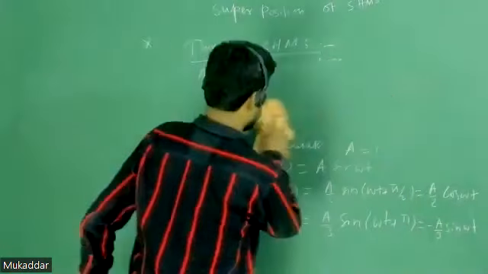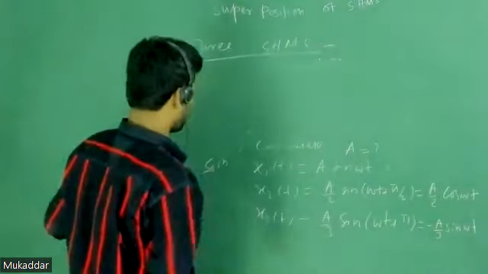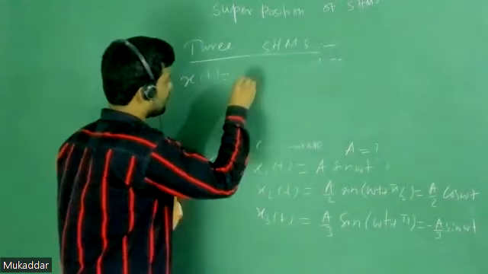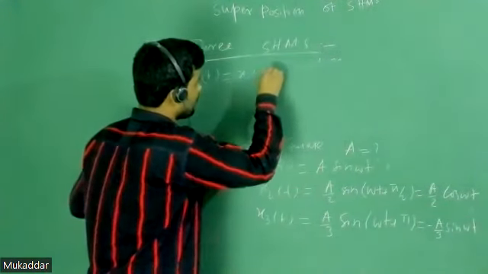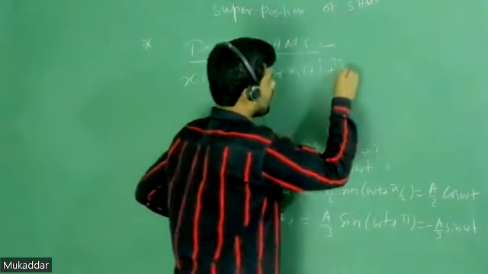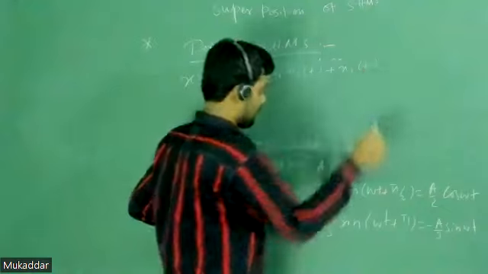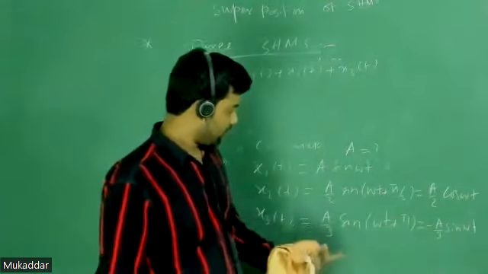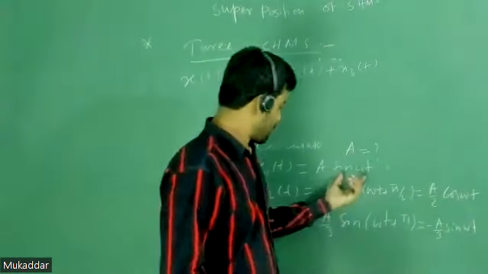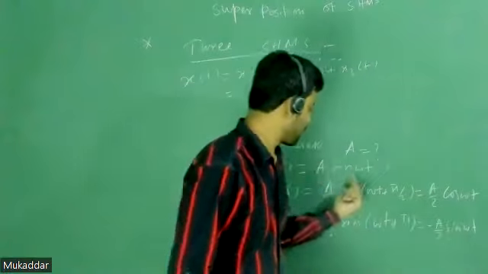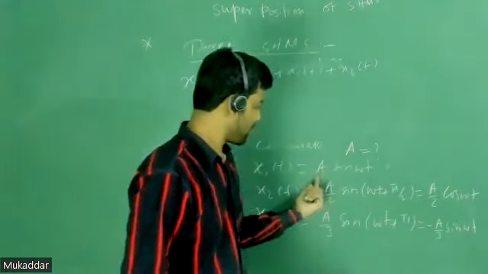Now, if they superimpose, what will happen? The resultant x(t) can be written as x1(t) plus x2(t) plus x3(t). If you sum them, you can see that SHM number 1 and 3 have sine of omega t with different amplitudes.